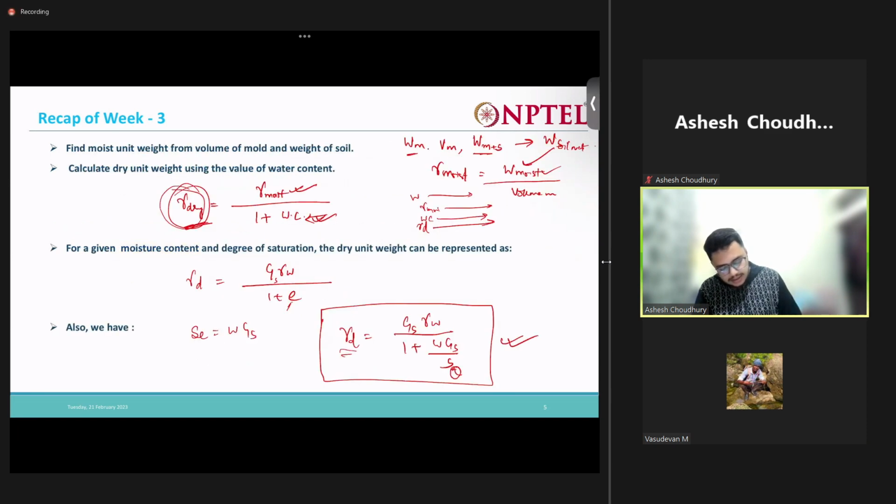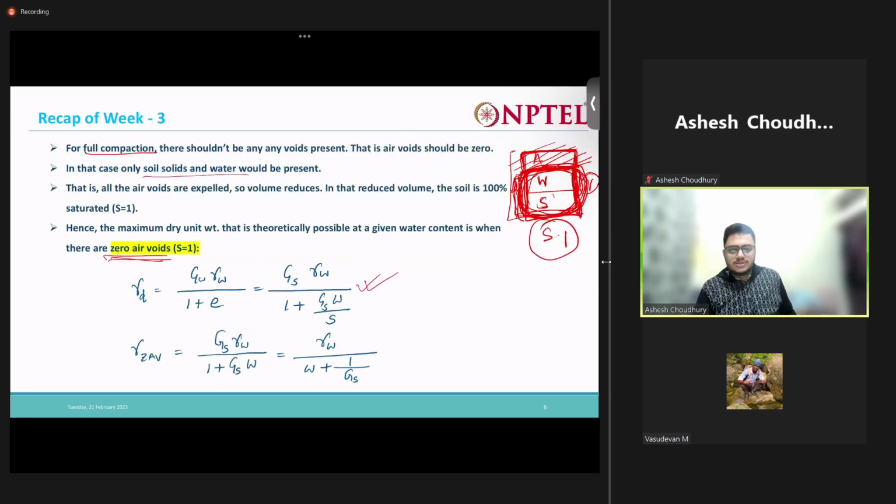This is the relation that we saw in the previous slide. So if I put S equal to 1 here, the density that I will get is known as the zero air void dry density, right? So there are no air voids. So this is only theoretically possible. Practically this is not possible, right? We know the G value, you know gamma, you know water content. So we can draw a construct line.